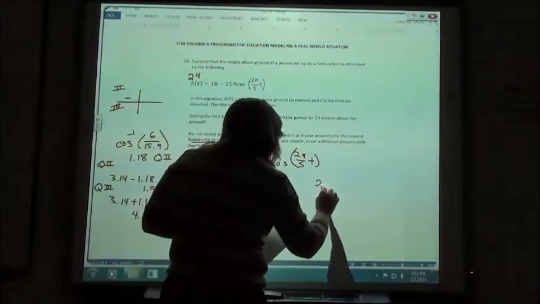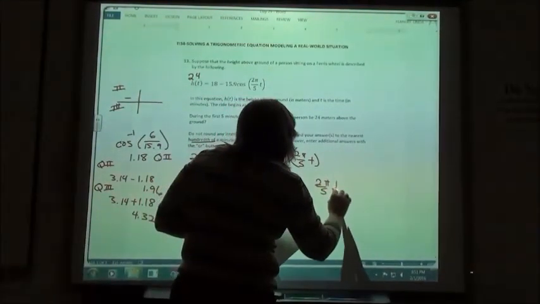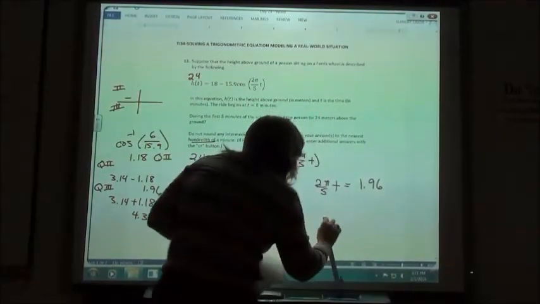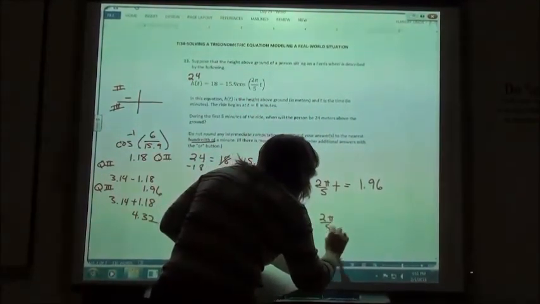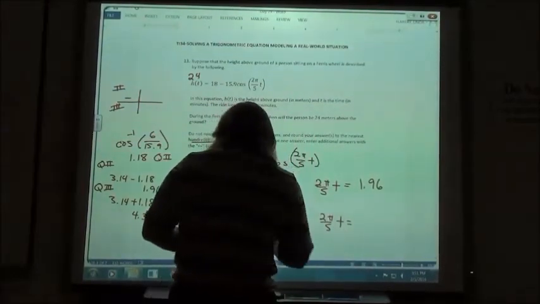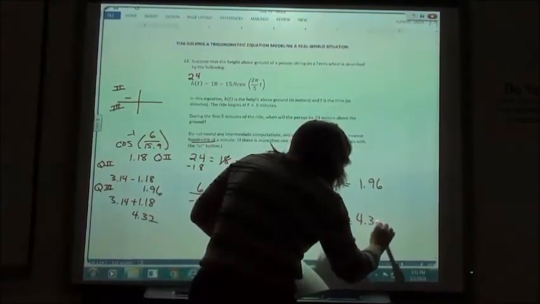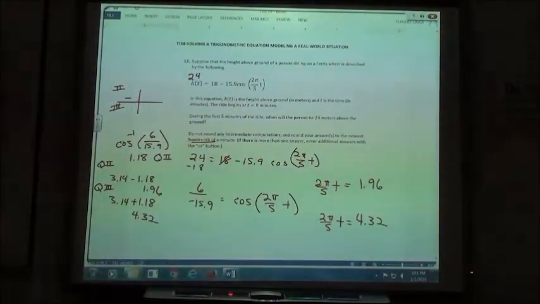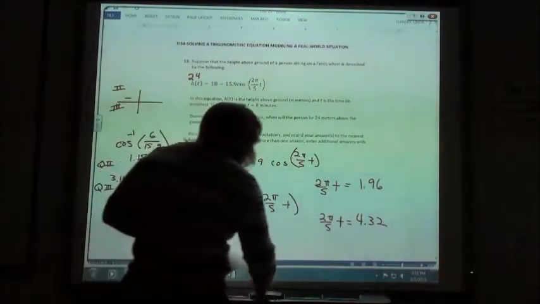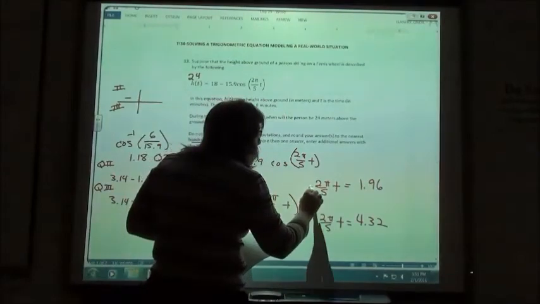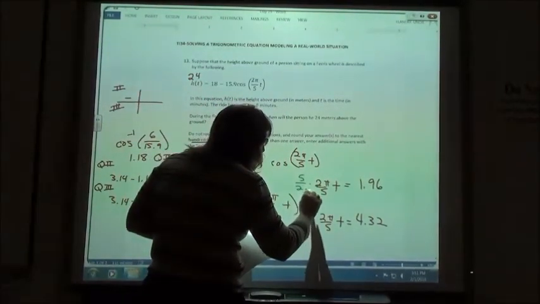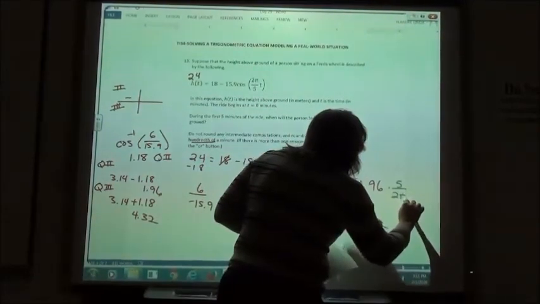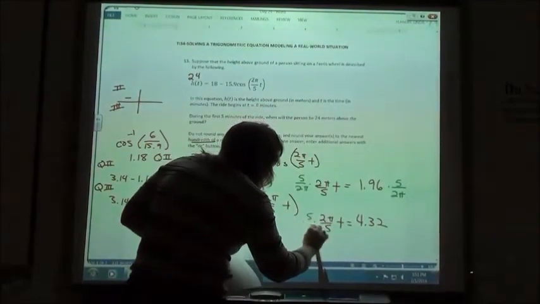So, 2 pi over 5t either equals 1.96 or 2 pi over 5t equals my 4.32. I have to solve each of those for t. So if I'm going to solve for t, I'm going to multiply by 5 over 2 pi. Same thing down here, 5 over 2 pi.